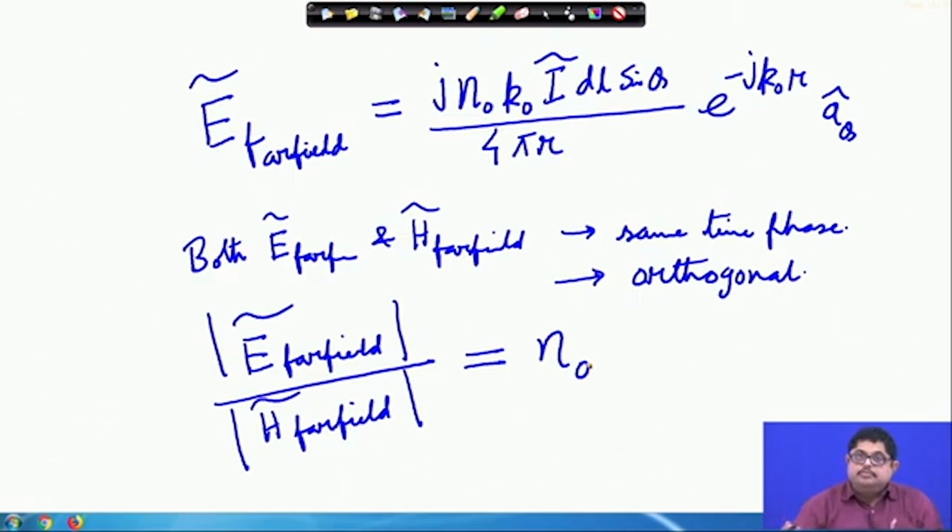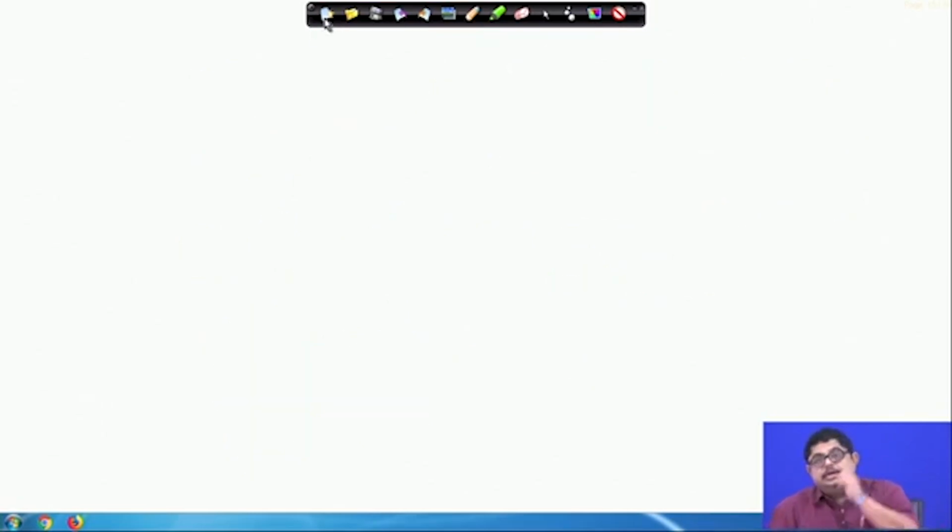Now, as I said already, that 1 by r square term is present in both E r and E theta component. So, induction fields are present. E r and E theta also contain 1 by r cube term, which obviously will dominate at very close distances, much closer than the domination of induction field.